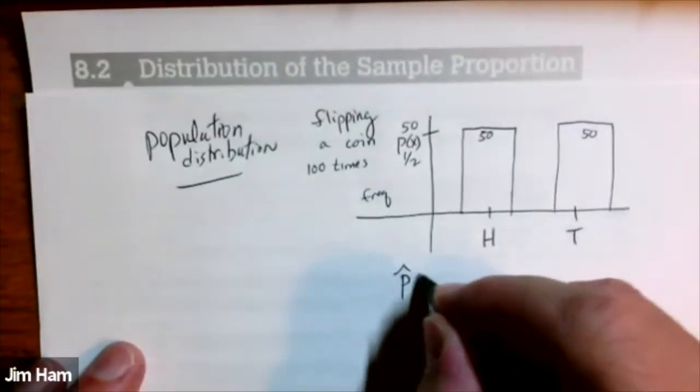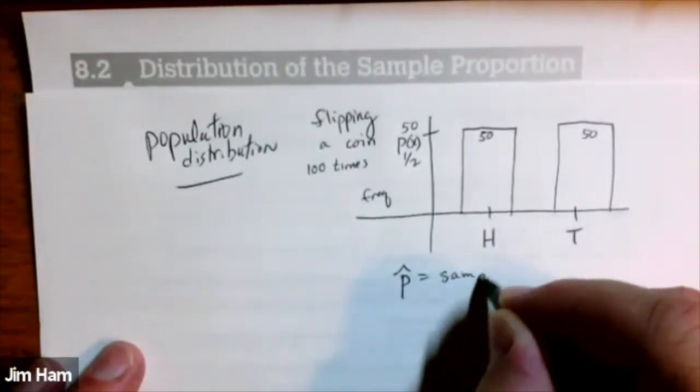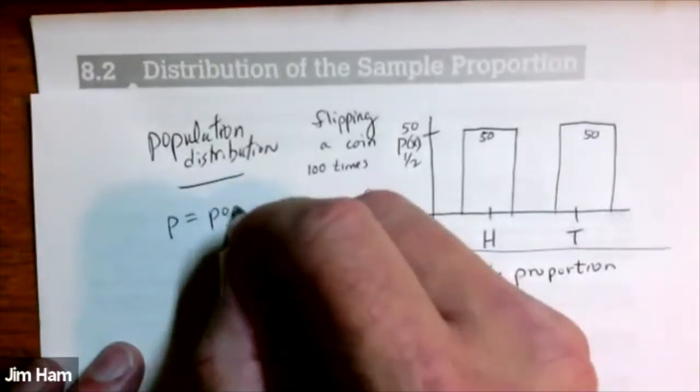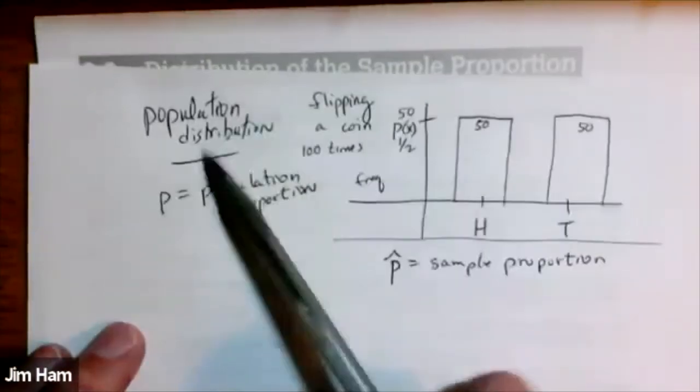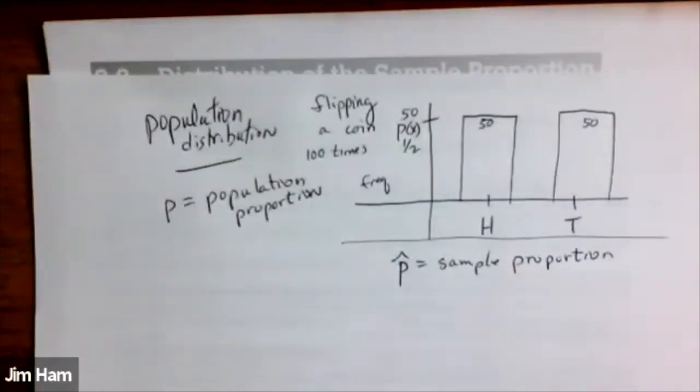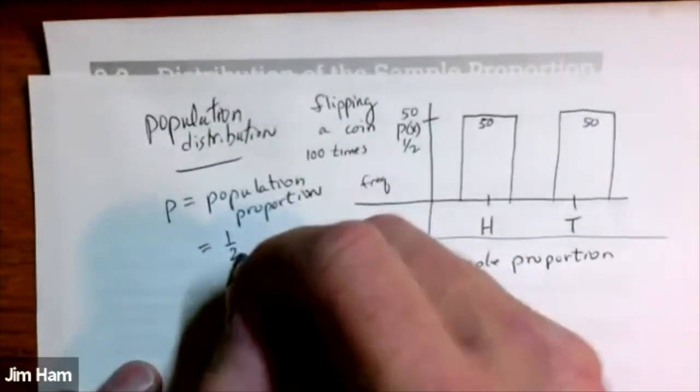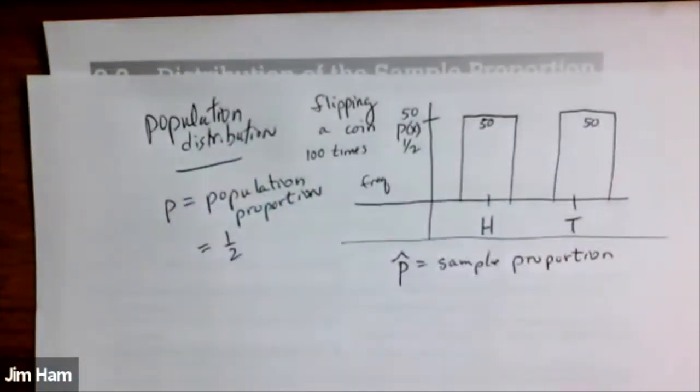Now p hat is equal to the sample proportion. P is the population proportion. In this case, the population proportion would be 1/2. Half the time you get a head, half the time you get a tail.